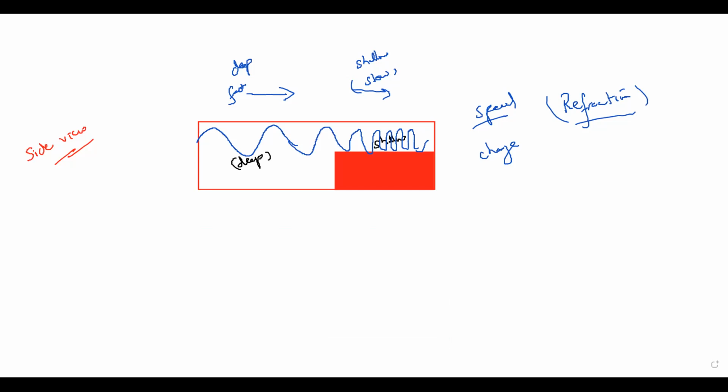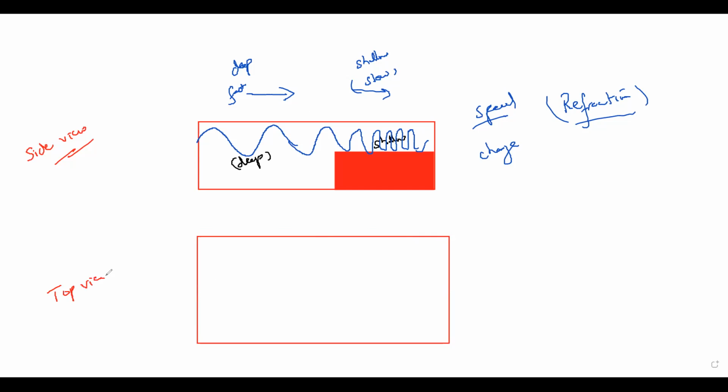So this is a side view, but if you look at the same ripple tank on the screen, the top view of the ripple tank, in a deep region the wave fronts have greater distance between them.